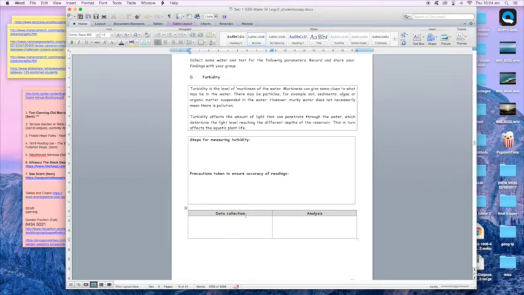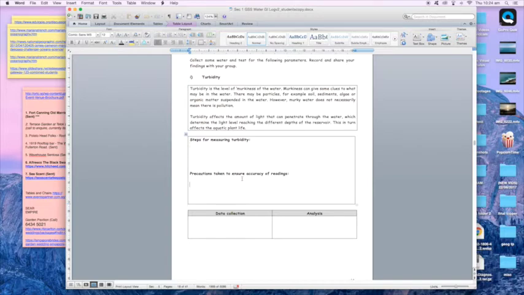So for turbidity, this whole thing is the explanation of what turbidity means. And these are the steps that you need to type in on how to measure turbidity, which you already have in another worksheet that compiles every step on how to carry out the water investigation.